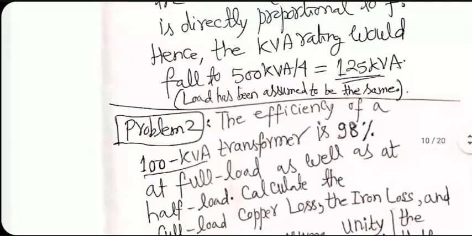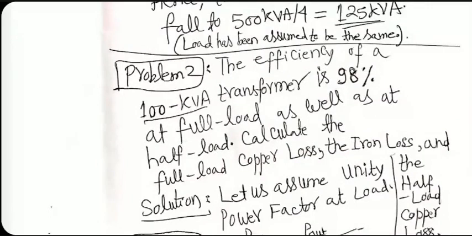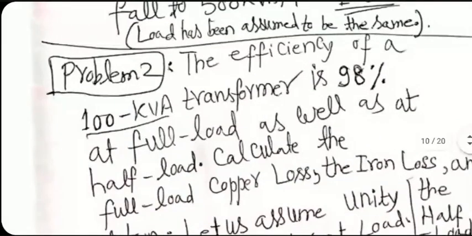Okay. Next problem. The efficiency of a 100 kVA transformer is 98%, 0.98. It is power efficiency. By default, we always talk power efficiency. It is 98% at full load as well as at half load.